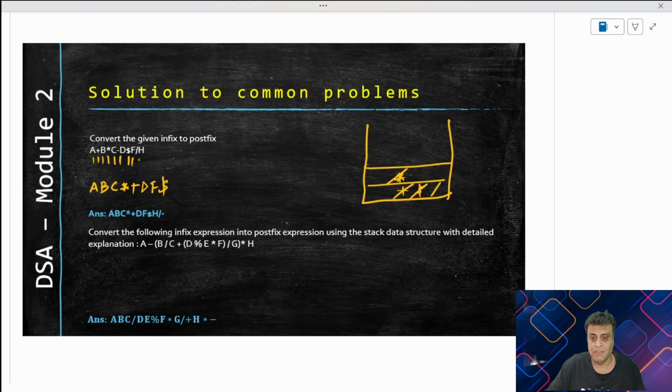And then I can definitely attack my H. H is an operand, will come here. The expression is over. When the expression is over, what did we say? Whatever is in the stack, just pop it out. So whatever is in the stack, we will just pop it out, right?